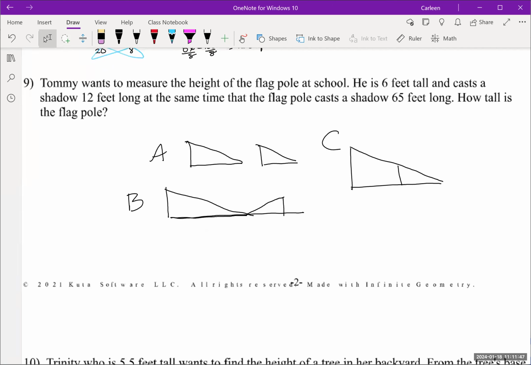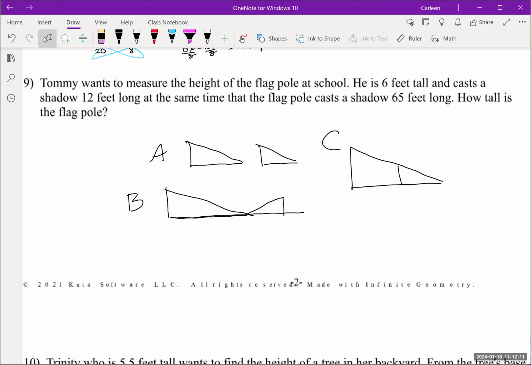Okay, here's the hardest part right here. So we have Tommy, shadow, flagpole, shadow. I want everyone to guess. First, guess which picture.